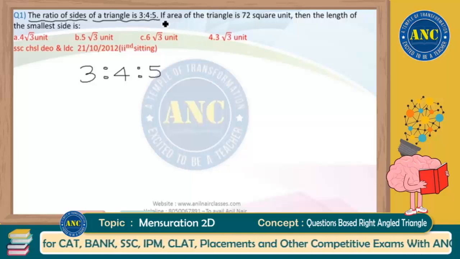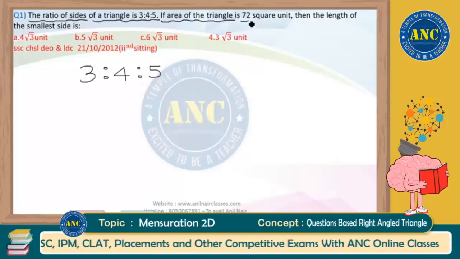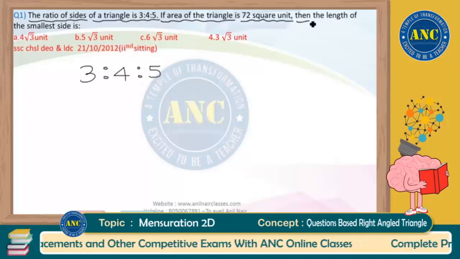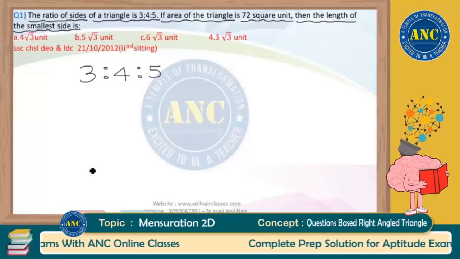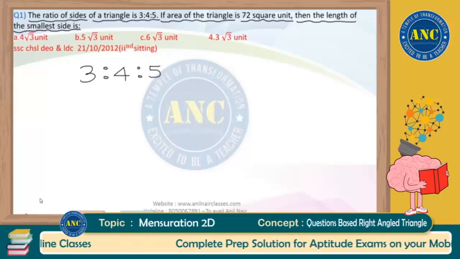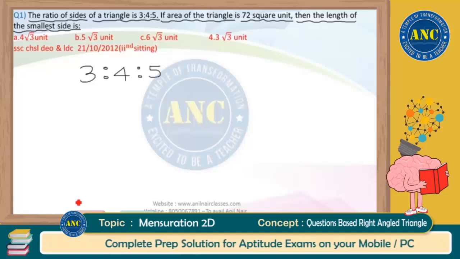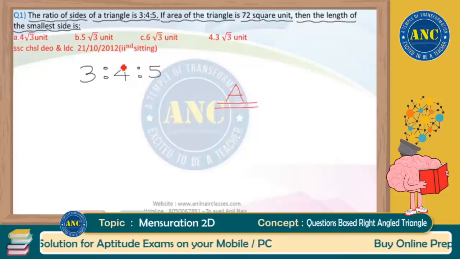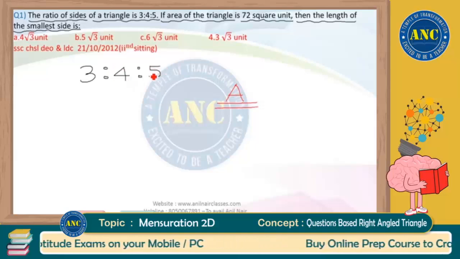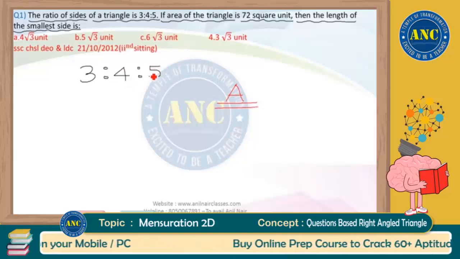The second statement says if the area of the triangle is 72 square unit, then the length of the smallest side will be how much? Now see here, sir. Can I say that area is half into base into height? This 5 is the hypotenuse, as I showed you in the diagram just now.